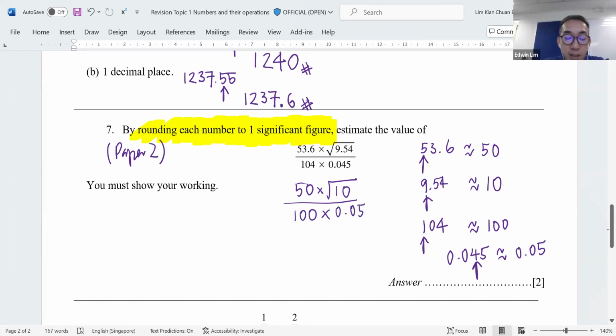Then you use the calculator, or key in everything just on the calculator, square root of 10, all right, over 100 times 0.05. All right, I will get the value of 31.6227. 3SF, 31.6. This is for question number 7.